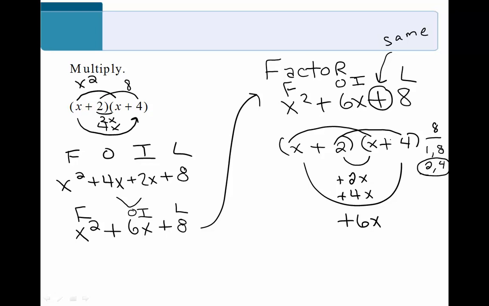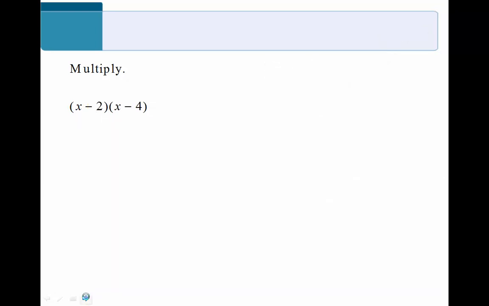Let's look at the next scenario of case 1. So once again, I'm going to be kind of quick on this because I'm just trying to help you understand how to factor these based on undoing the FOIL that we did in Unit 2. So x times x gave us our x squared.